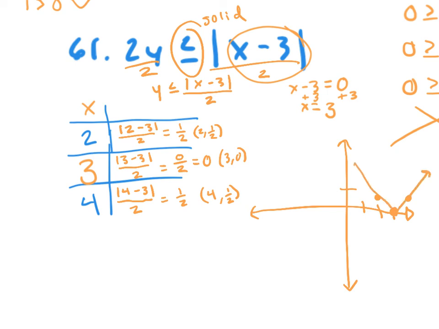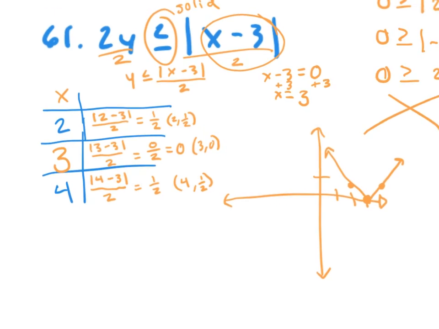through our points. Now we need to figure out where we're going to shade. How do we pick a point to shade? 0, 0. So we plug in 0 for y and 0 for x. So 2 times 0 is less than or equal to the absolute value of 0 minus 3. What's 2 times 0?